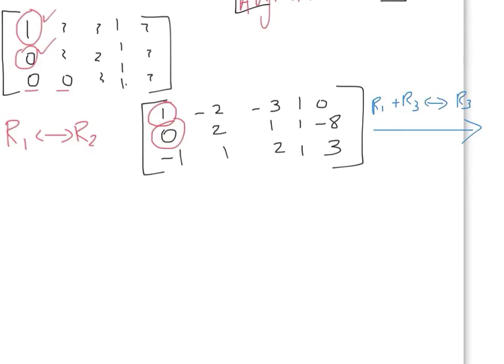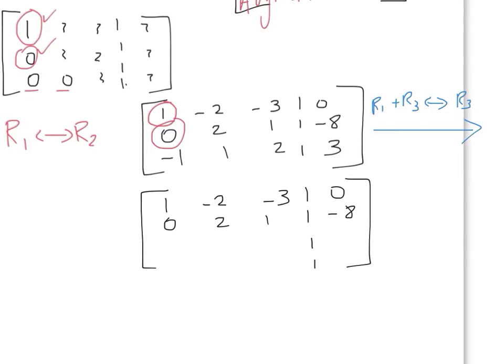So what does that mean? That means I'm not going to change row 1. I'm going to keep it as it is. I'm not going to change row 2. I'm going to keep it as it is. And row 3 is going to change. Row 3 will now become the addition of row 1 and row 3.